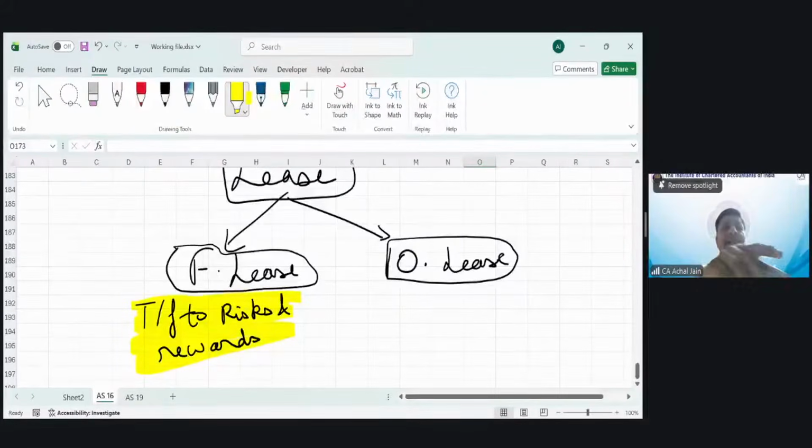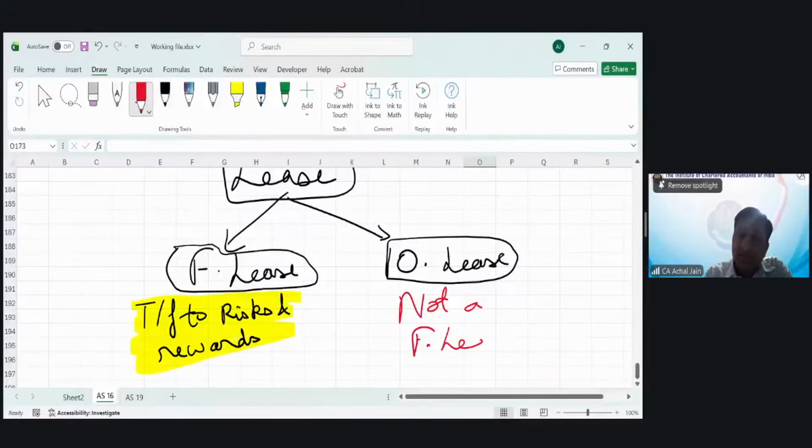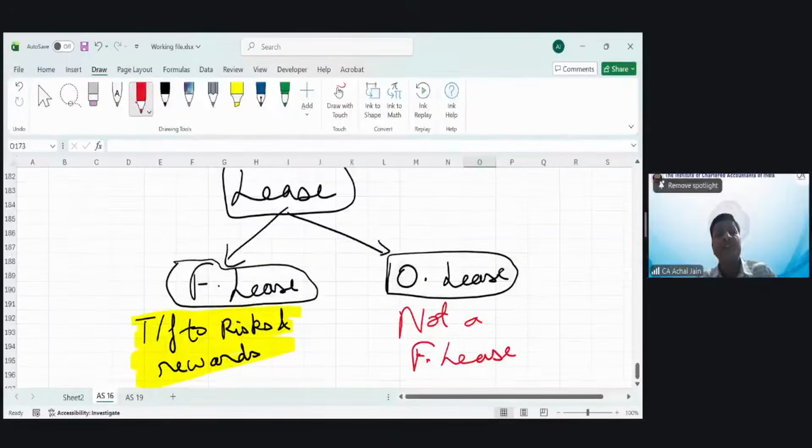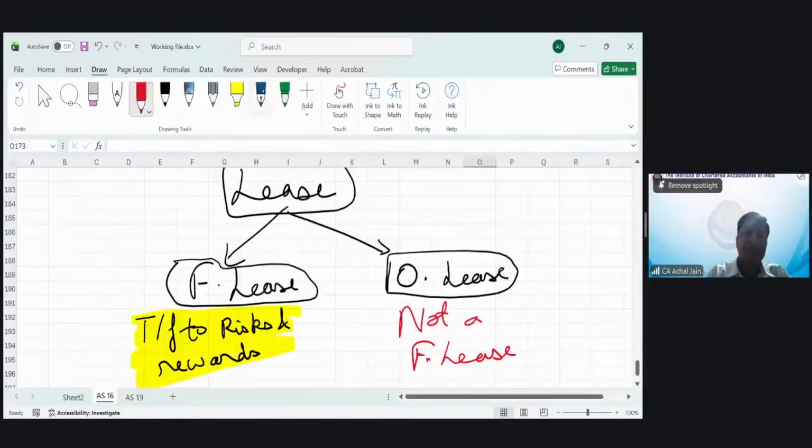Now, what is an operating lease? See, the definition of operating lease is very simple. Any lease which is not a finance lease. Simple. Any lease which is not a finance lease, what do you call it? Operating lease. So that means every time we have a lease transaction, what do we need to check?